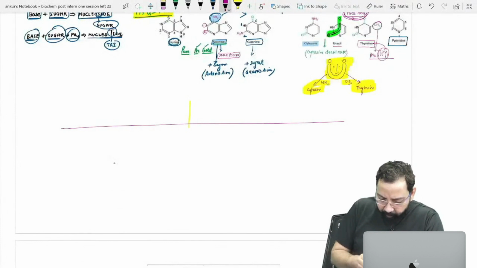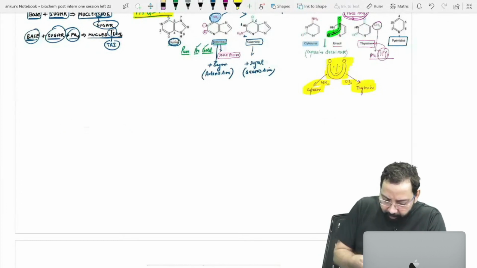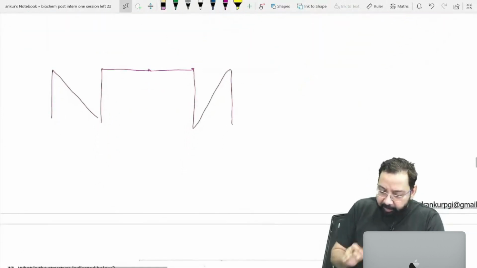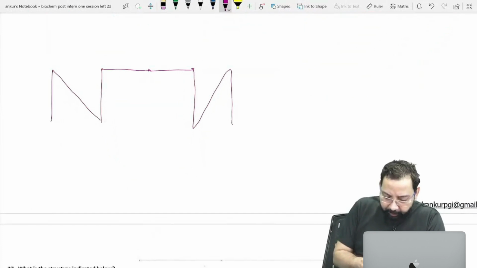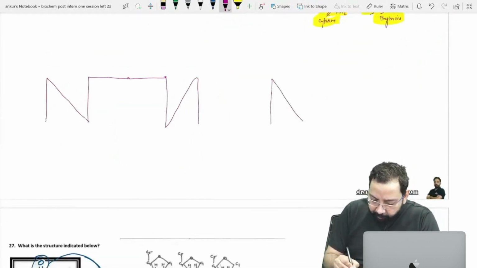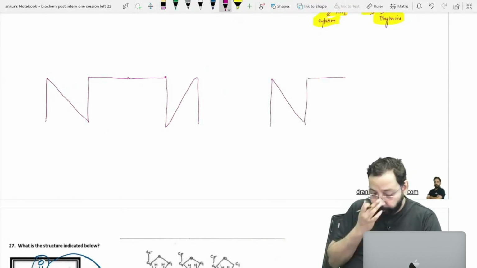Sufficient space should be there so that you may make a mnemonic. I will write from this end, and I will write N, this N. Okay, mirror image of N and mirror image of N, and again I will write N and this.